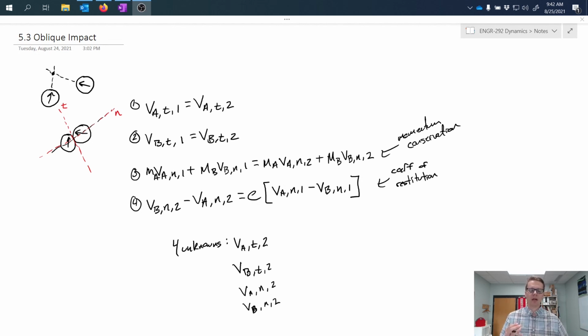So we get those 4 unknowns, but we have four equations, and that means we can solve that system of equations and come up with a solution.